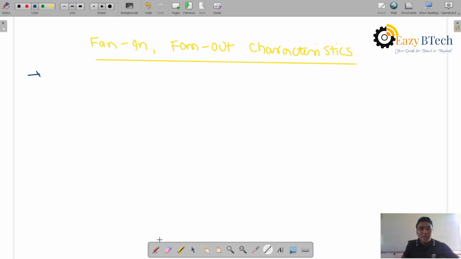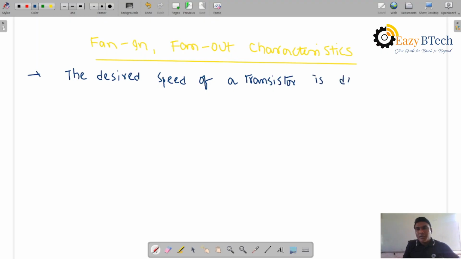The desired speed of a transistor is defined by the transistor on and off state.